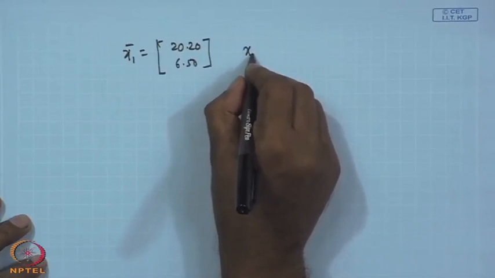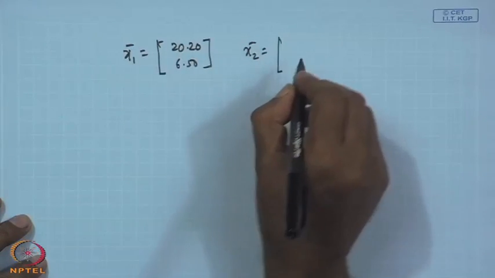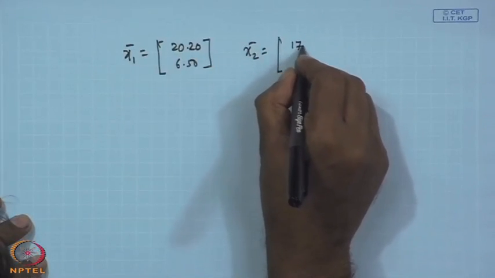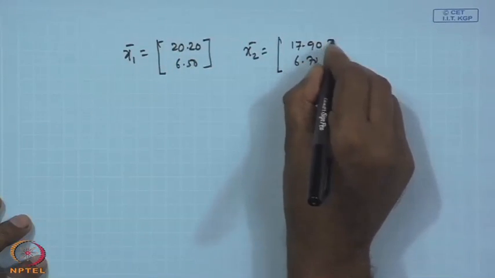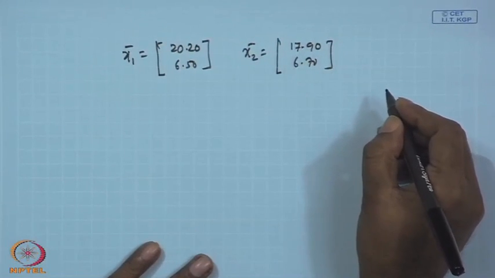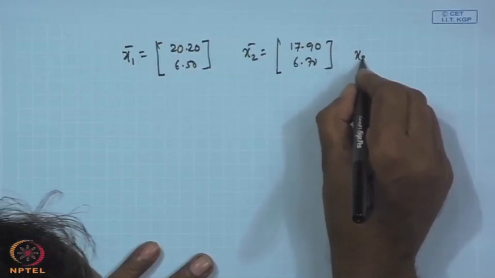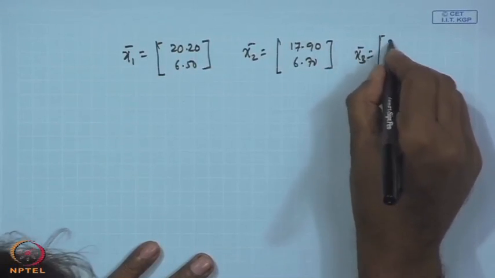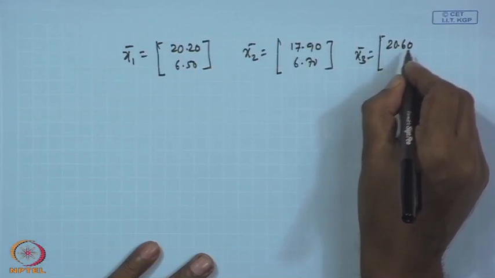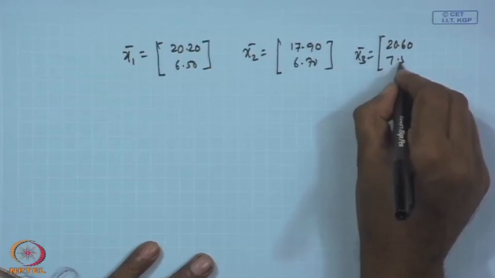Similarly, for process B they are 17.90 and 6.70, and for process C, that is x3 bar, they are 20.60 and 7.50.